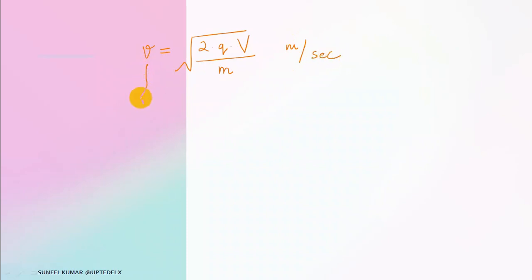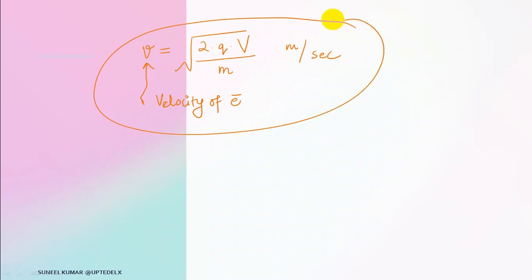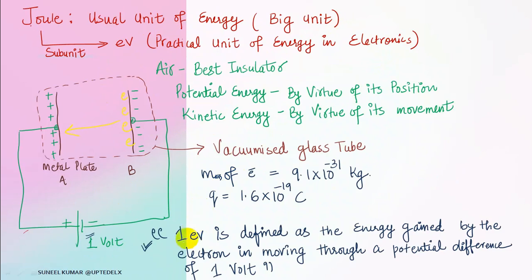So this is the velocity of the electron when it is moving from metal plate B to metal plate A. So we have understood the concept of 1 electron volt, that 1 electron volt is defined as the energy gained by the electron in moving through a potential difference of 1 volt.